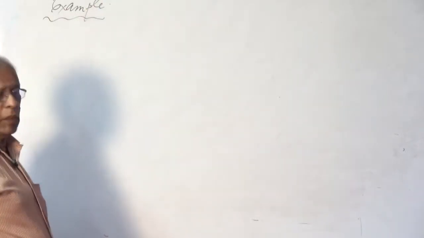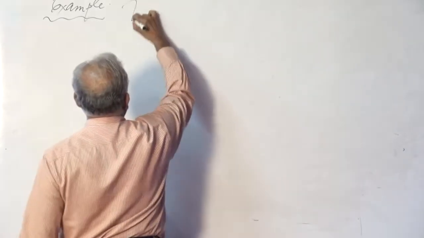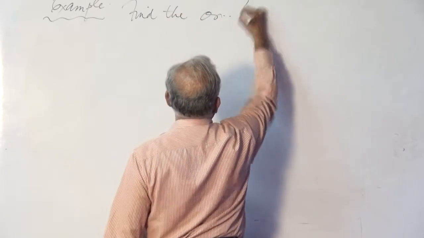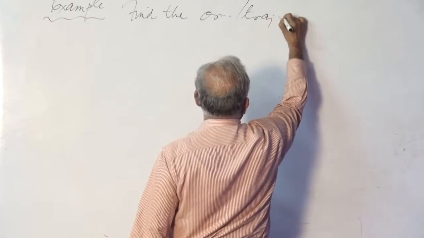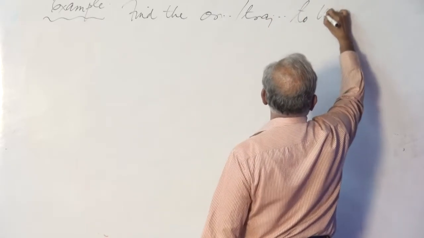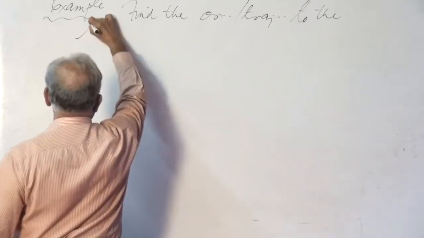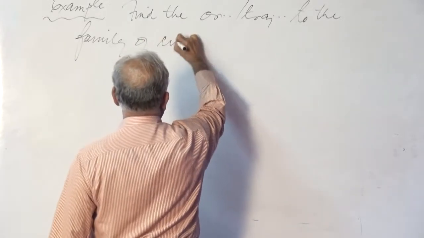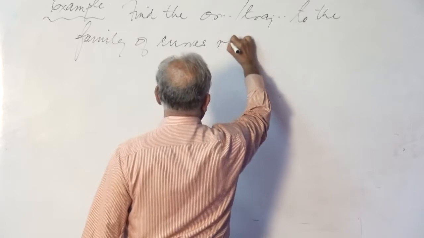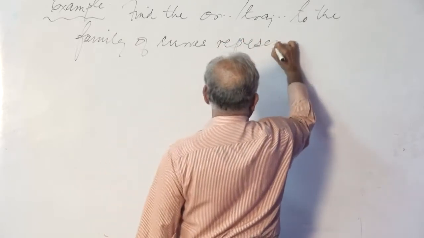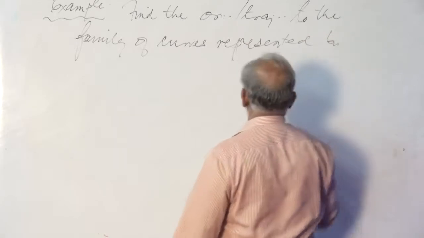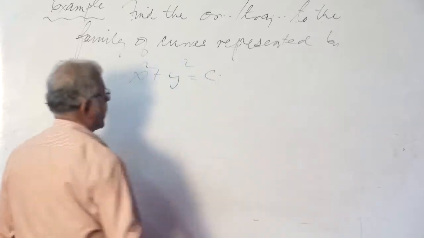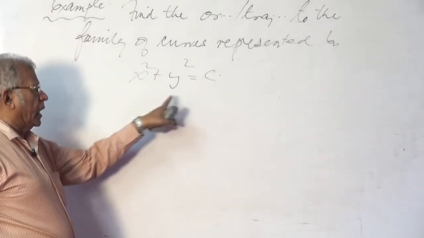I have chosen a very simple example. So we will find the orthogonal trajectories to the family of curves represented by x squared plus y squared is equal to C. This is a single parameter family of curves.